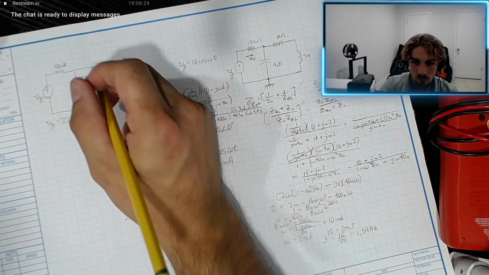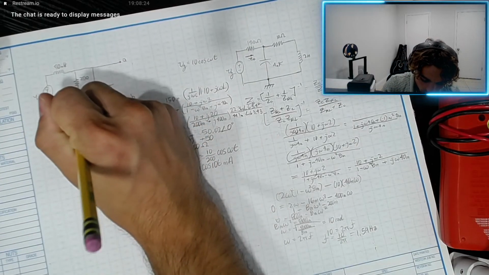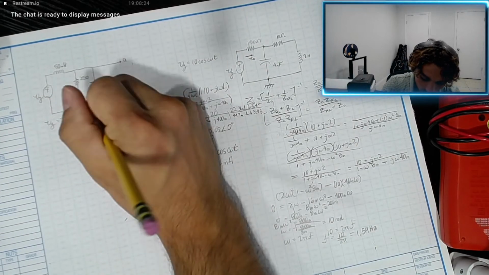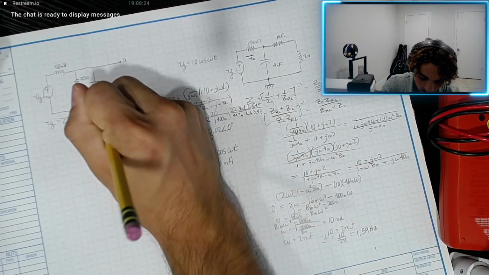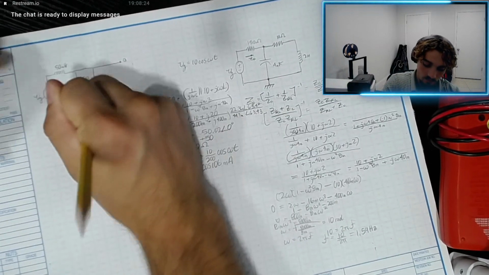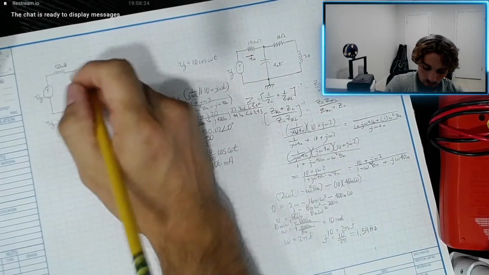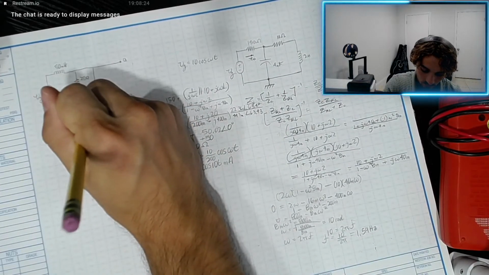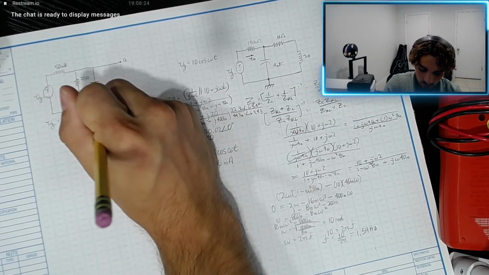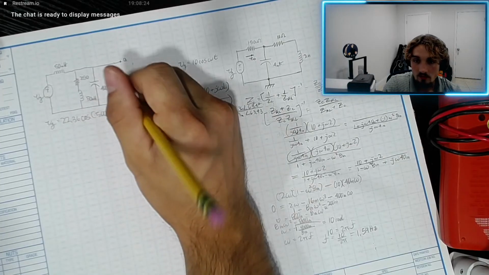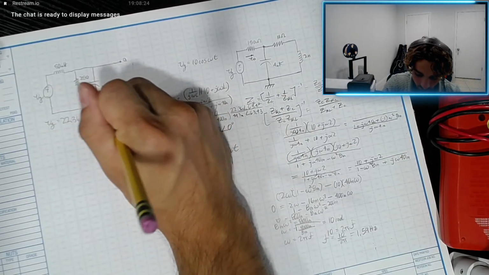Alright, let's continue. 22.36 cosine 5,000t, right?